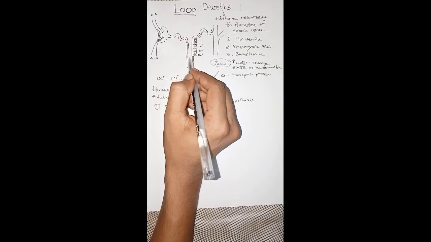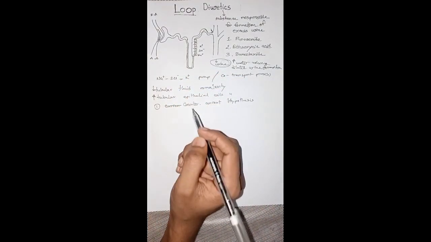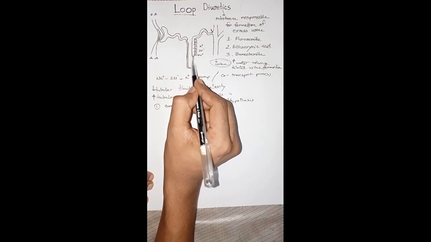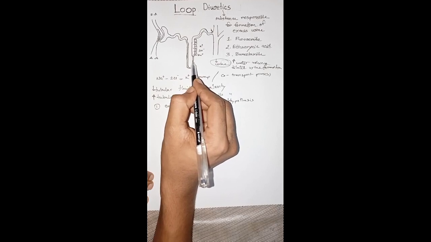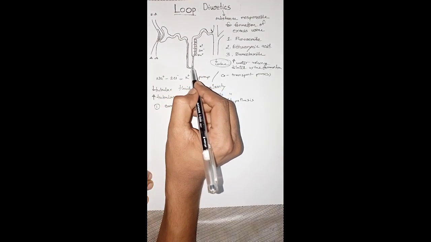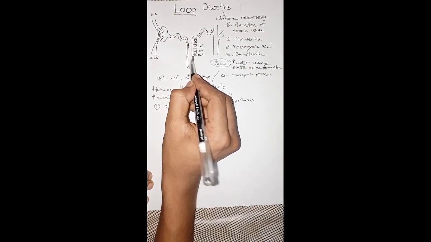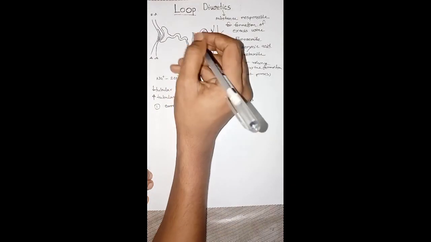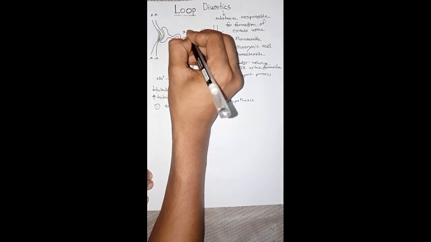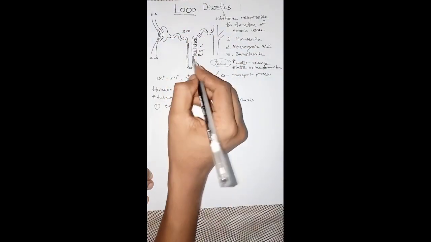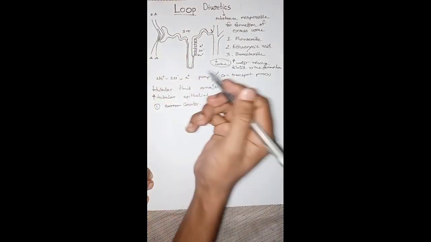So when sodium and potassium are pumped from the tubular lumen to the interstitial fluid, the osmolarity of the tubular fluid decreases and the osmolarity of the interstitial fluid increases. Normally, the interstitial fluid osmolarity is 300 milliosmol per liter, and the tubular fluid is the same.